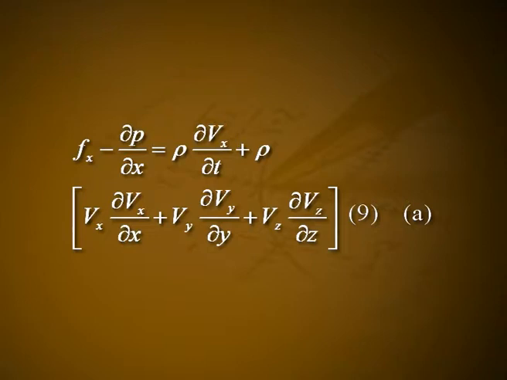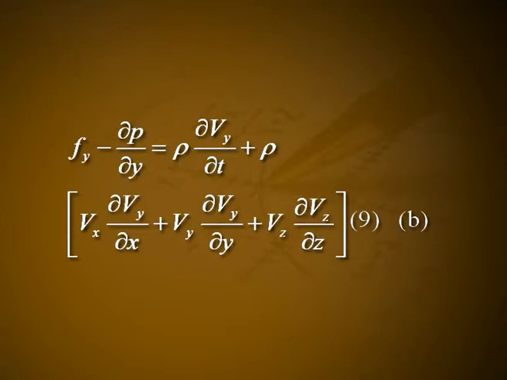Let it be equation number 9a. Fy minus dou p divided by dou y is equal to rho into dou Vy divided by dou t plus rho into Vx into dou Vy divided by dou x plus Vy into dou Vy divided by dou y plus Vz into dou Vz divided by dou z. Let it be equation number 9b.